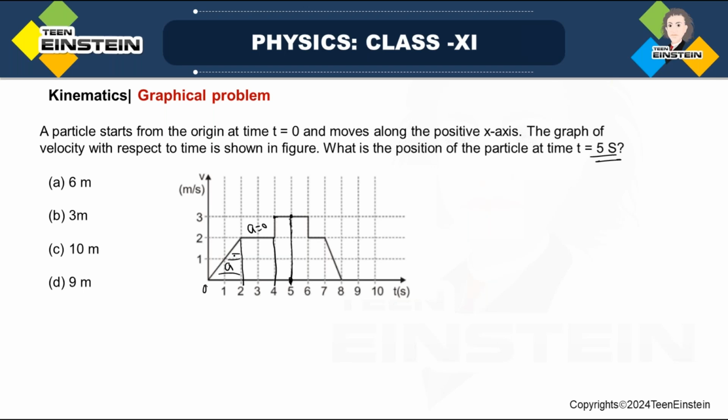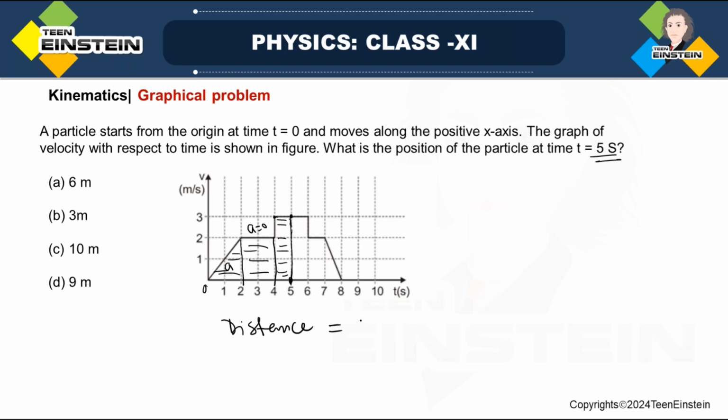So you have to find out this particular area, then we'll get the answer. Actually, we have to find out the distance covered. Since it is moving along the positive x direction and starts from origin, if you find out the distance, that will be its position.